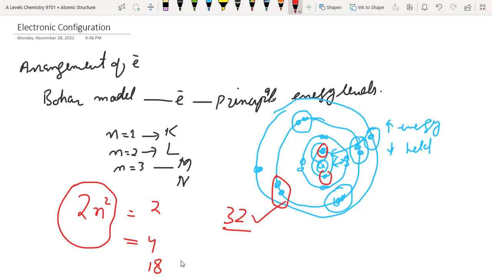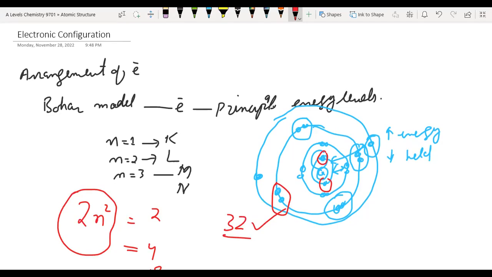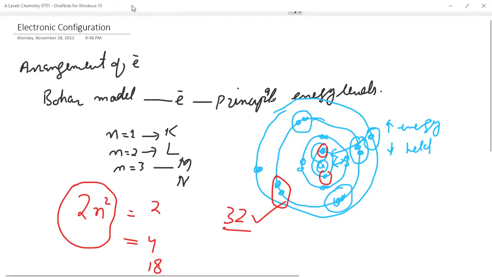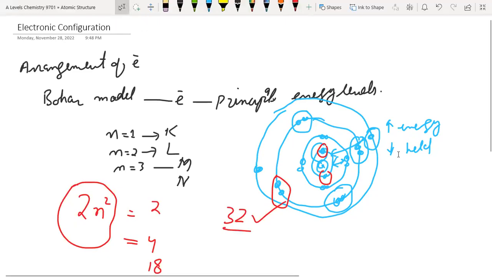This is the electronic configuration of electrons in the principal energy level. There are some examples, two of them you will solve, and two of them will be solved by me.